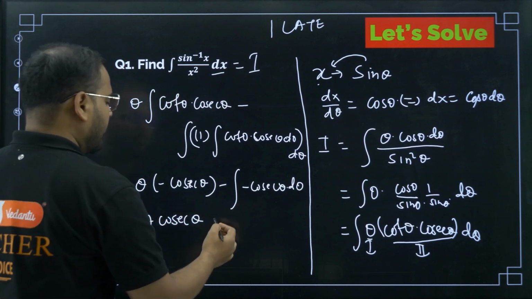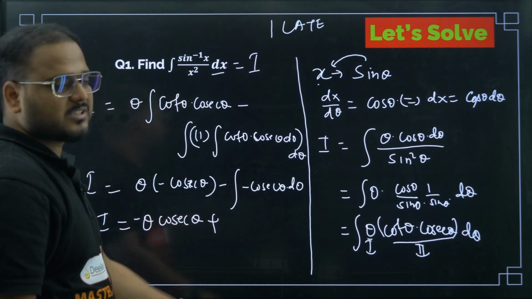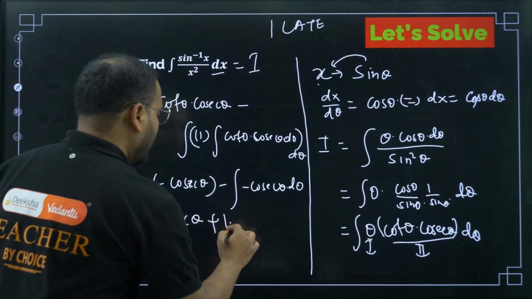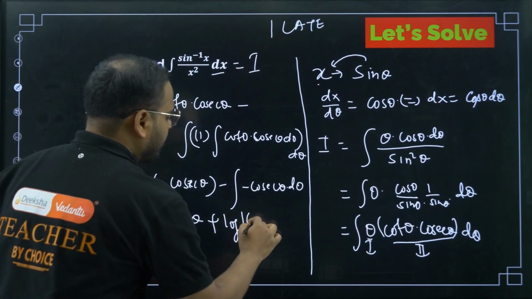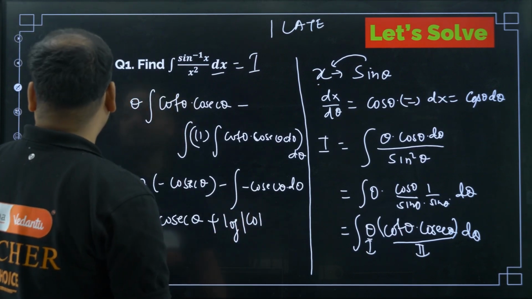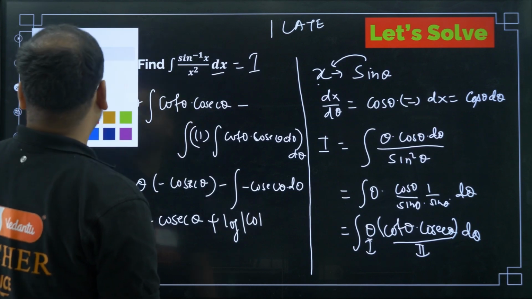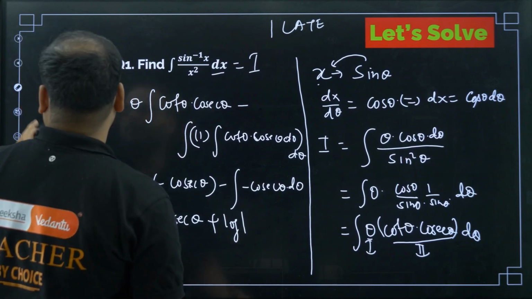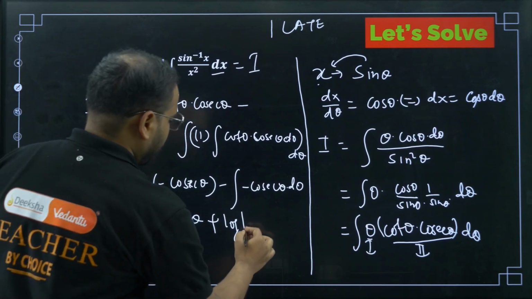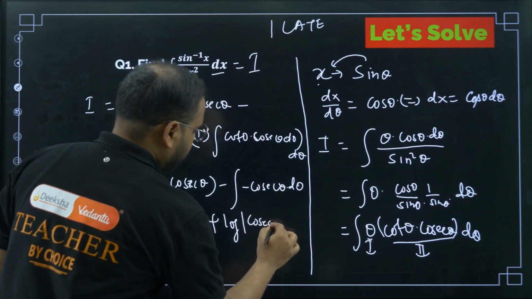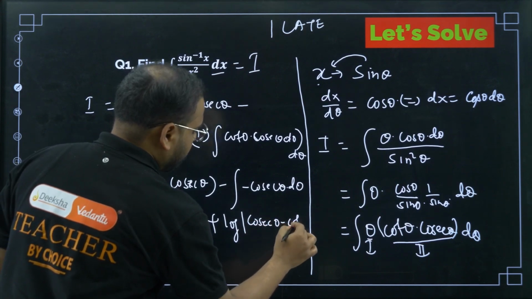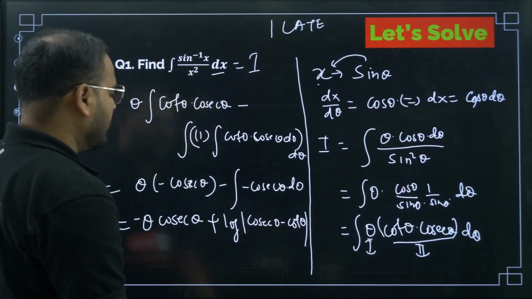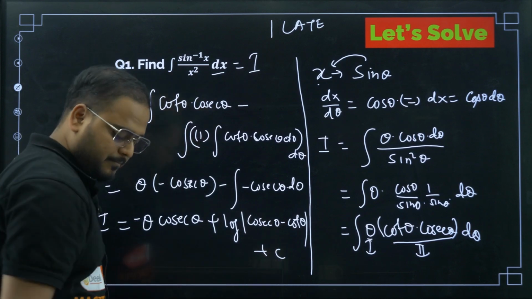This will become plus, and what is the integration of cosec theta d theta? It's going to be log of cosec minus cot. Log of cosec minus cot, plus c.